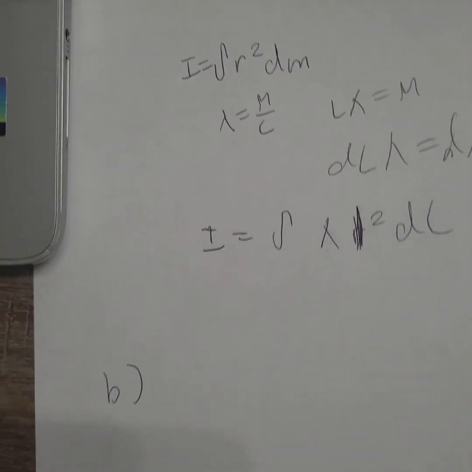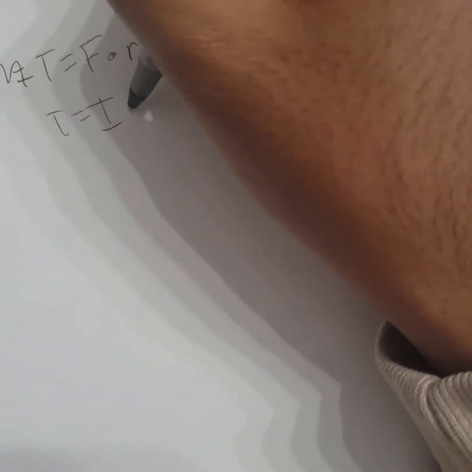So the first thing that you do is look at your equations, which is torque equals F, force, times radius, and torque is going to equal rotational inertia times alpha.